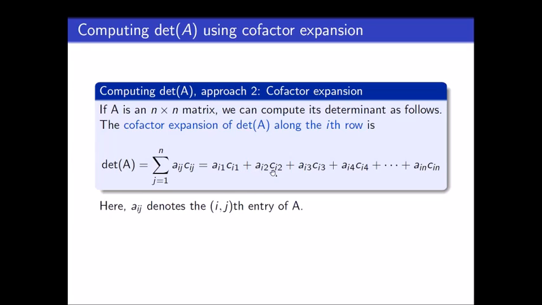We do it for each entry in that row, and then we take the sum. This is what we mean by the cofactor expansion along the ith row of the determinant of the matrix A.